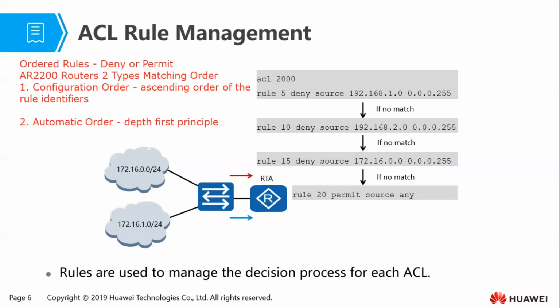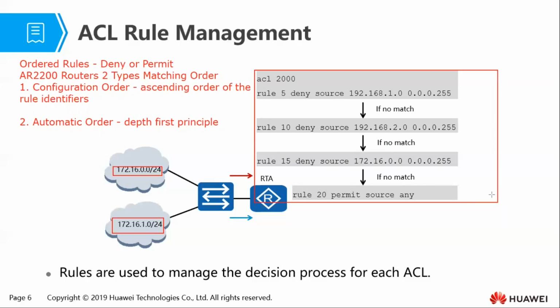Now, what I've just said, let me give you this particular example. So we have the red network here and the blue network. In this router RTA, we've created this ACL. So let's go one by one.